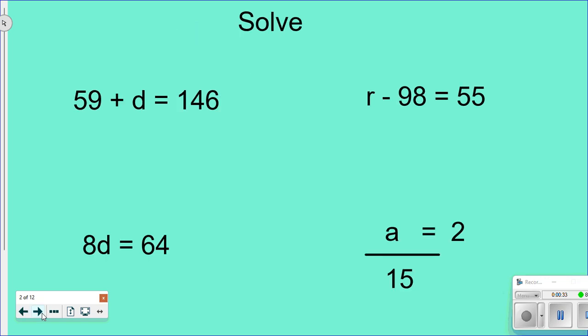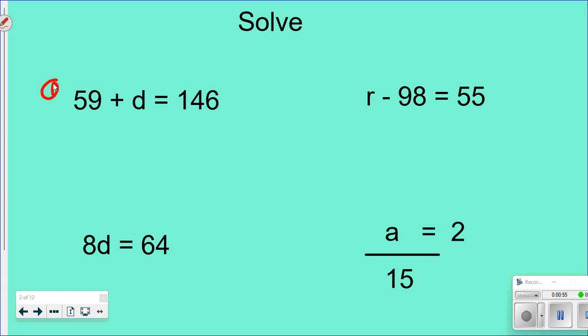So first, I just wanted to quickly go over some of the things that we did in the last few lessons, and I'm going to start up here in this corner. I have 59 plus D equals 146. Now to solve this, I have to look to see what's happening. Am I adding, subtracting, multiplying, or dividing? In this problem, I'm adding. It says 59 plus D equals 146.